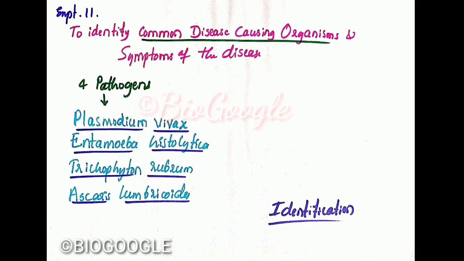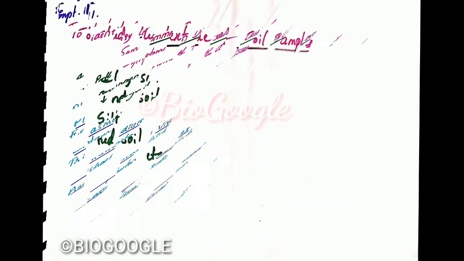They may give a chart, photographs or specimens, so that will definitely come in practical. If the specimen is shown, you should write what the pathogen is and what disease it causes. So practice all the 4 pathogens and the diseases caused by them.